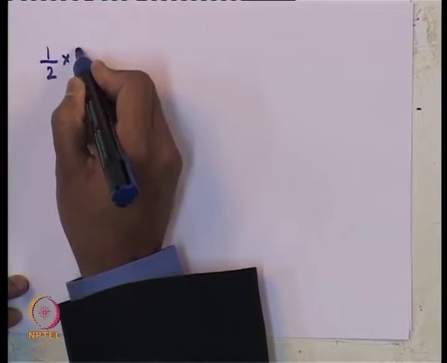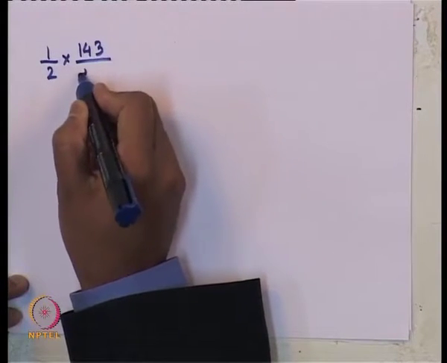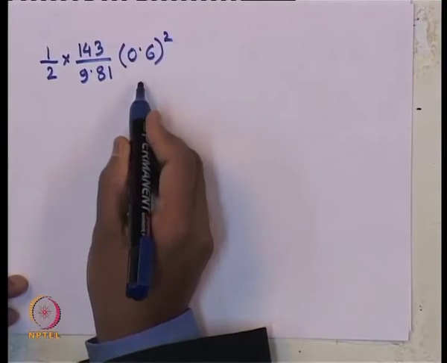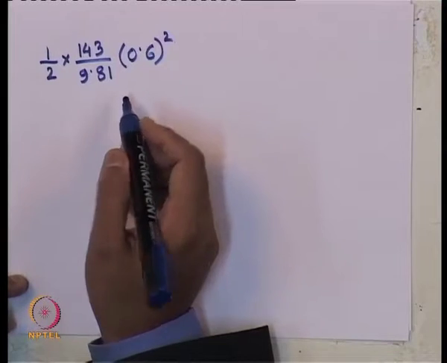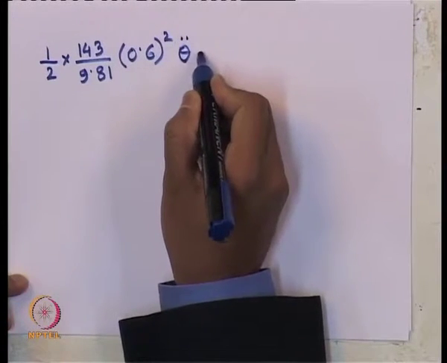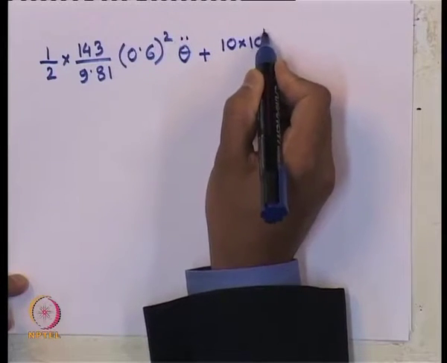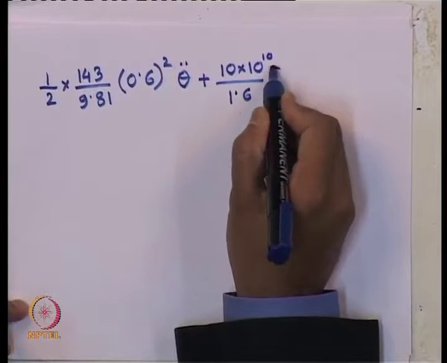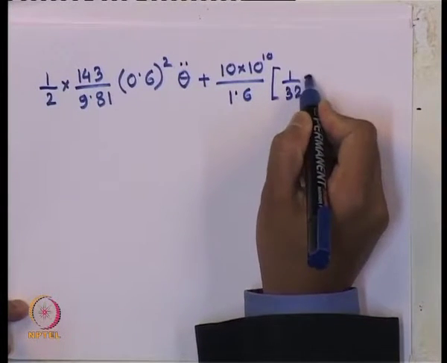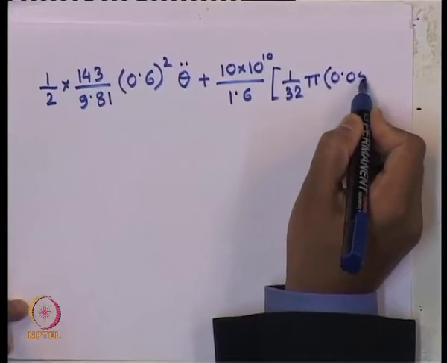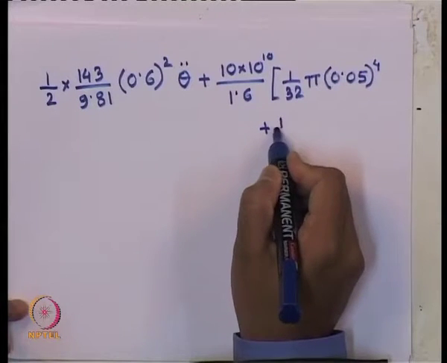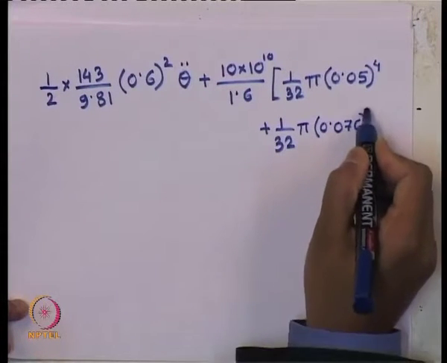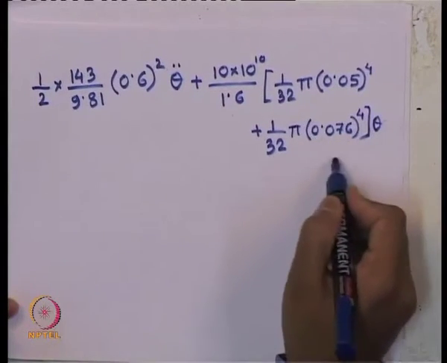Half into 143 by 9.81, that is m, r square, half m r square is the I_zz, theta double dot plus 10 into 10 to the power 10 by 1.6 into 1 by 32 pi 0.05 to the power 4 plus 1 by 32 pi 0.076 to the power 4, theta equals 0.